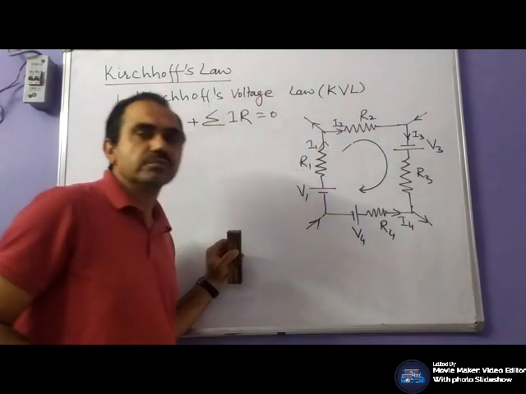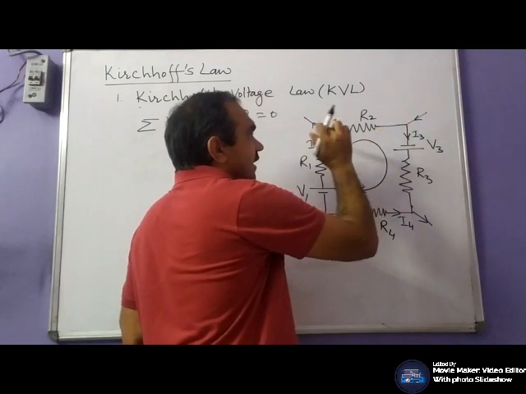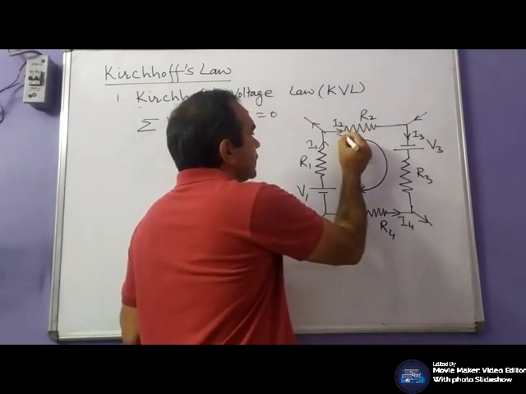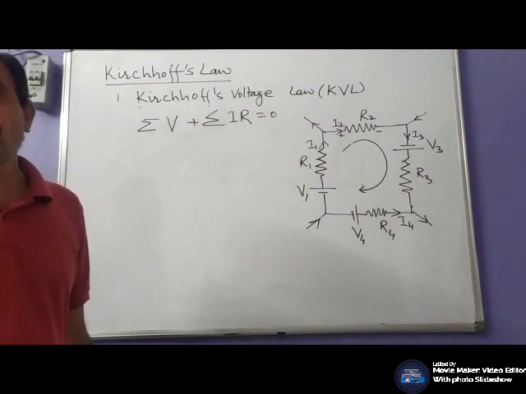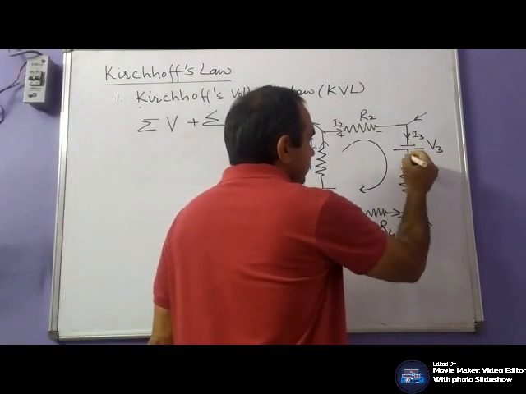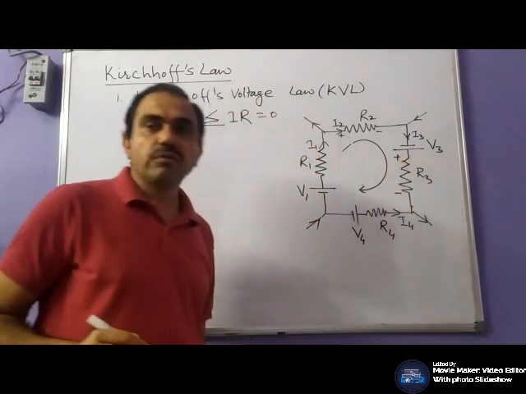In this branch R2, इस साइड से इस साइड है, तो मीन्स हायर पोटेंशियल एंड कौन सा हुआ? This one is the higher potential end and this one is the lower potential end. Likewise, here direction of current is this, higher potential and lower potential.